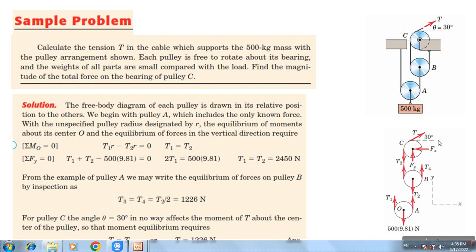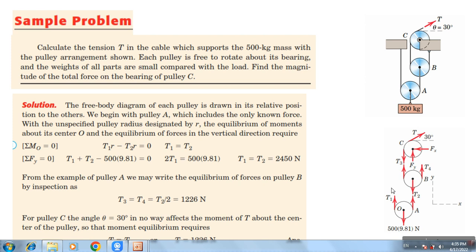This is the part C, let's say for the pulley C. And this is for the pulley B, and this one for the pulley A.